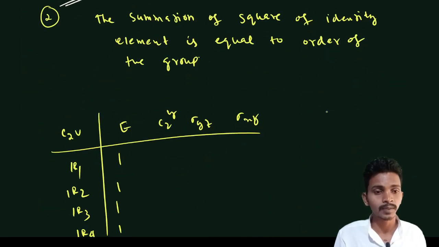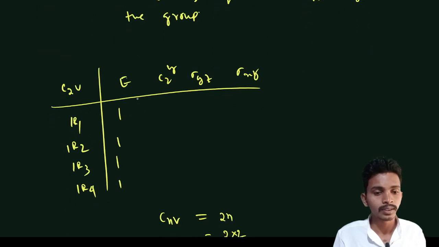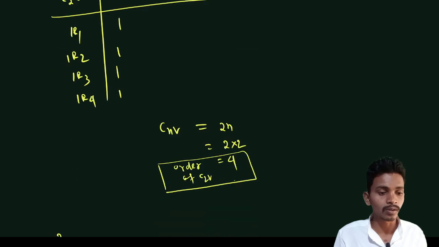The second postulate says that the summation of the square of the identity elements is equal to the order of the group. The identity characters, when squared and summed, equal the order of the group.